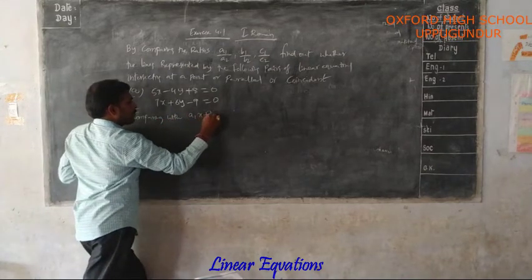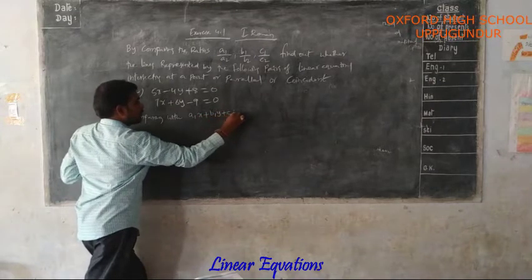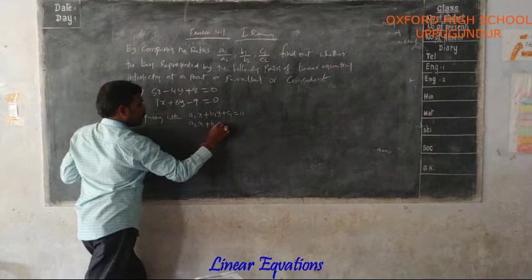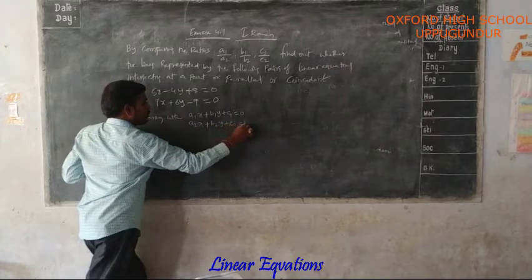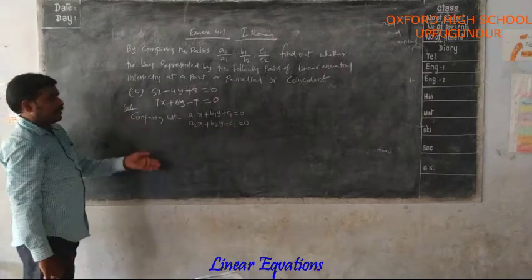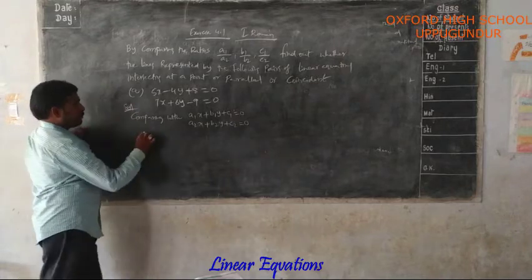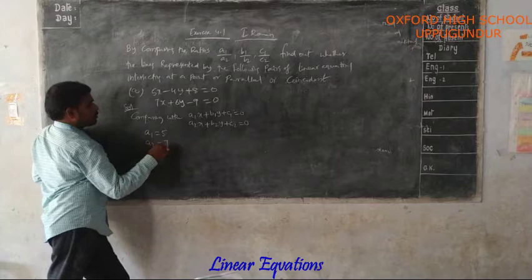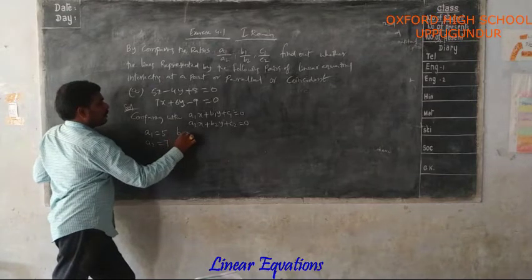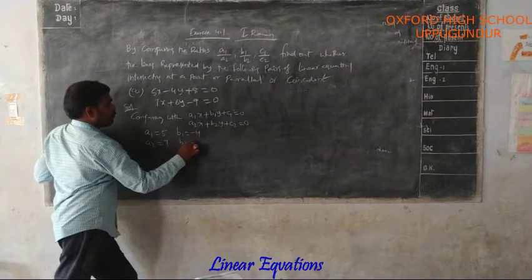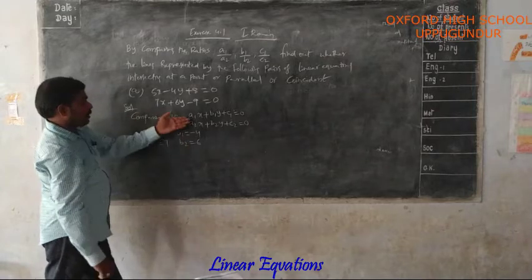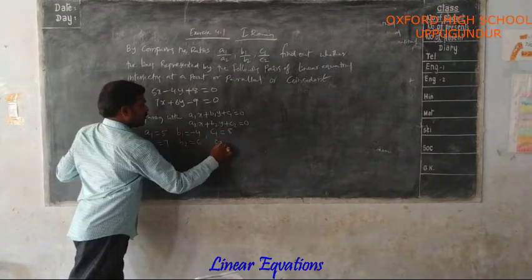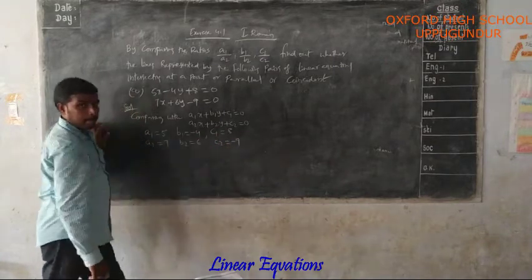A1x plus B1y plus C1 equal to 0, A2x plus B2y plus C2 equal to 0. When we compare with these two, A1 equal to 5, A2 equal to 7, B1 equal to minus 4, B2 equal to 6, C1 equal to 8, C2 equal to minus 9.